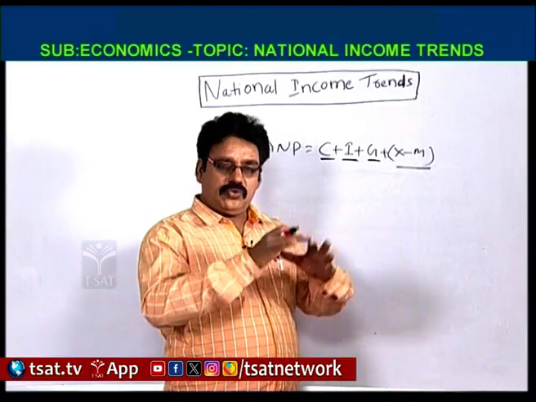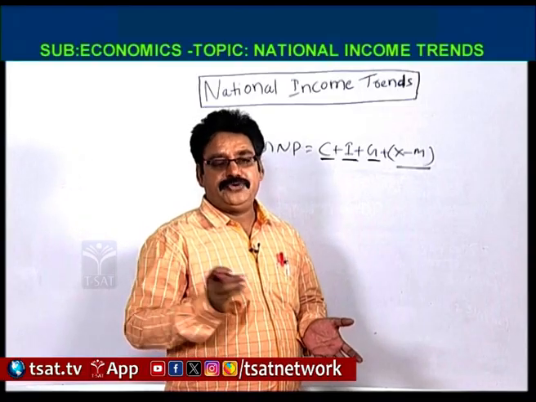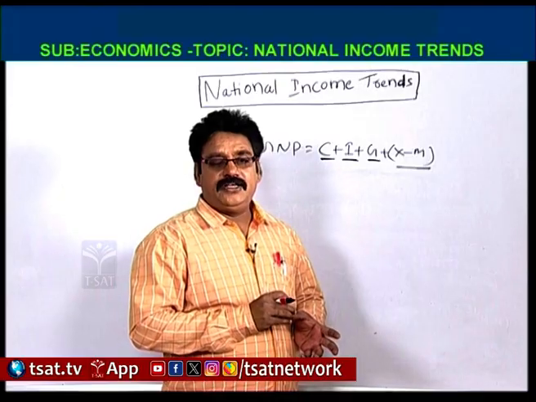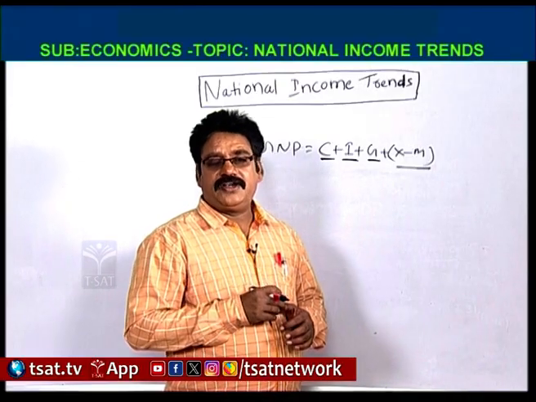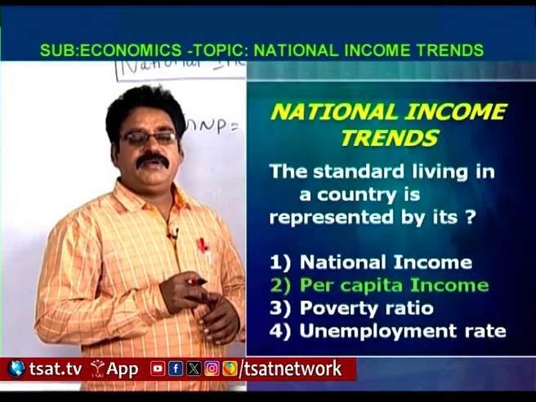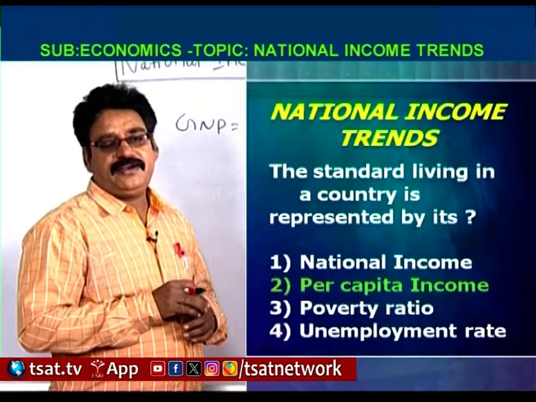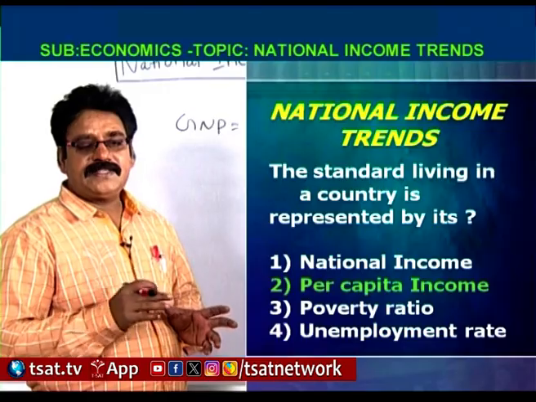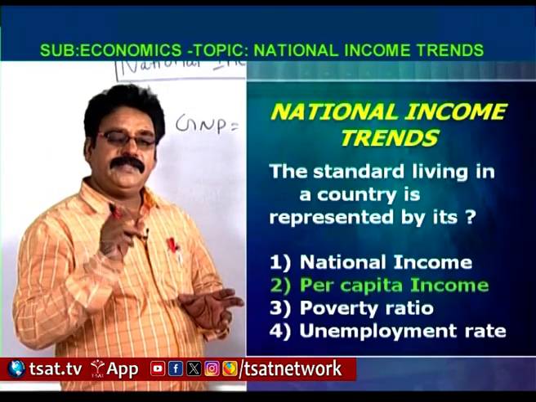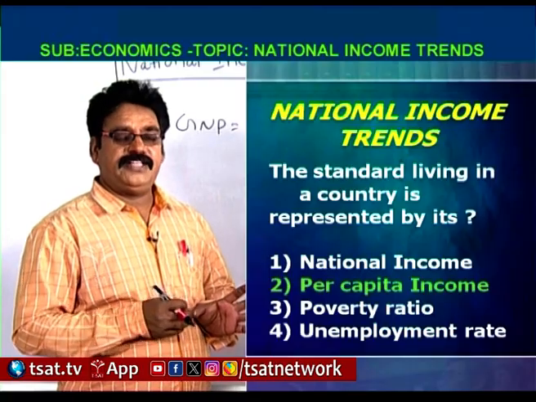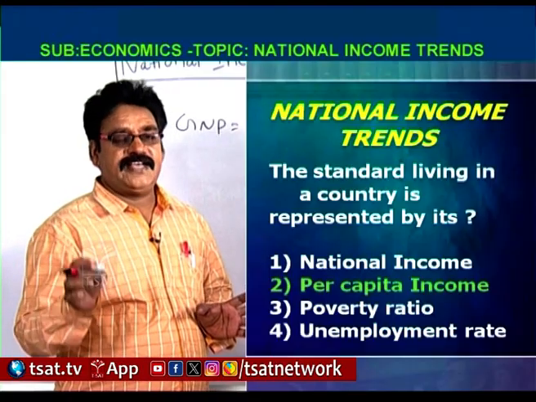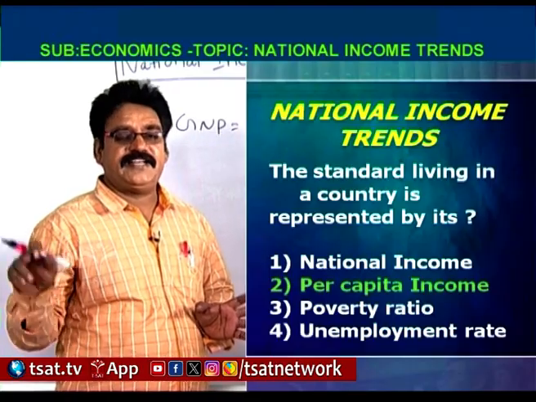National income is the total income of the country during that one year period. Poverty ratio is not an appropriate option for us. With the help of the unemployment rate we can't assess the standard of living. Okay, the answer is per capita income. With the help of per capita income we can assess the standard of living in a country.